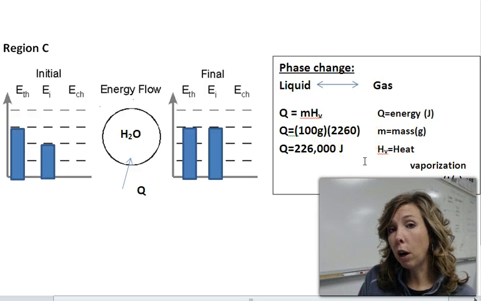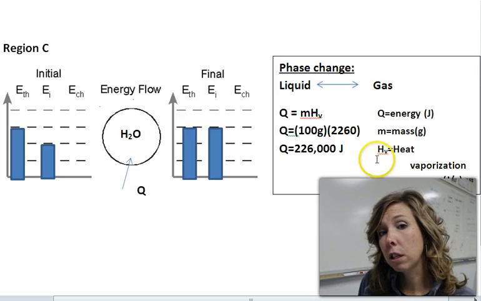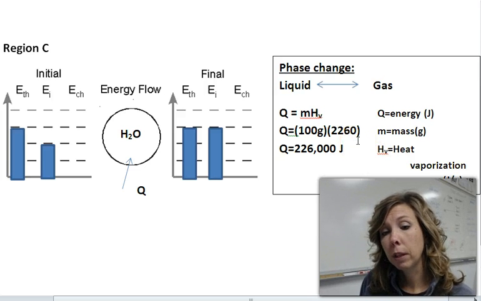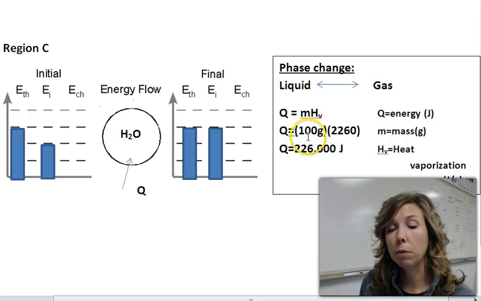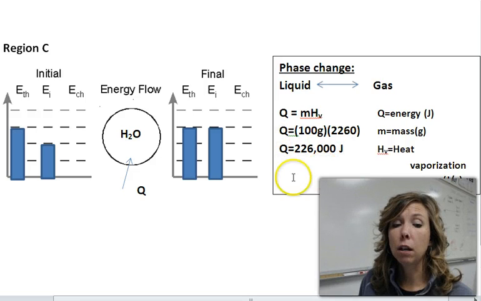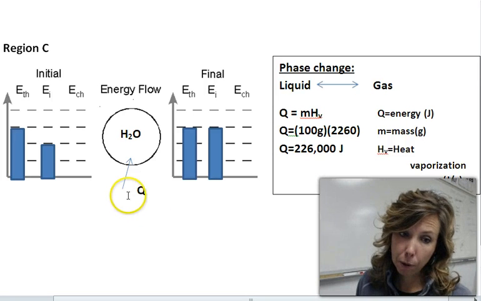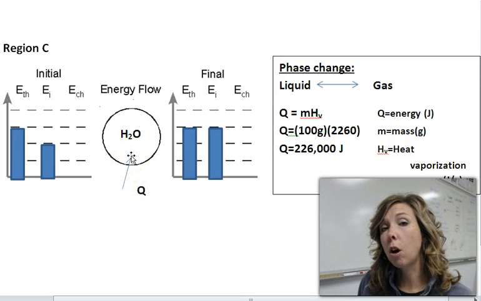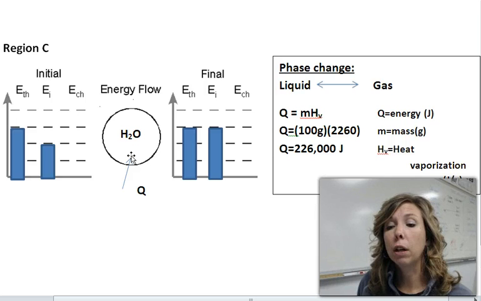So if we had 1 gram of water changing to a gas, it would take 2,260 joules to cause that to happen. Again, we don't have 1 gram. We're assuming we have 100 grams. So we have to multiply those two to get our total. It would take 226,000 joules. Again, energy supplied by the hot plate into that system to cause all of that liquid to change to a gas.